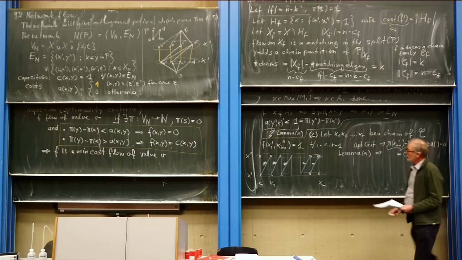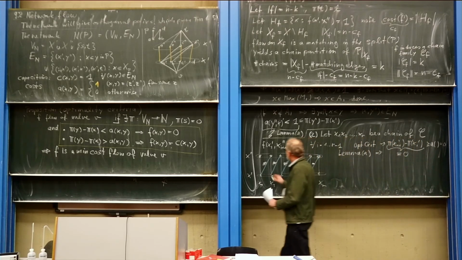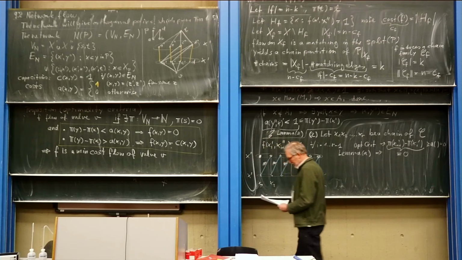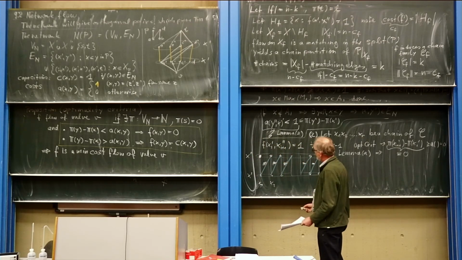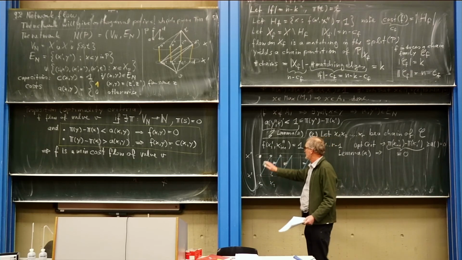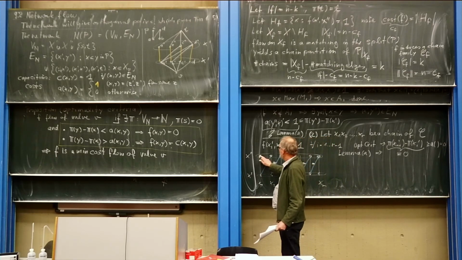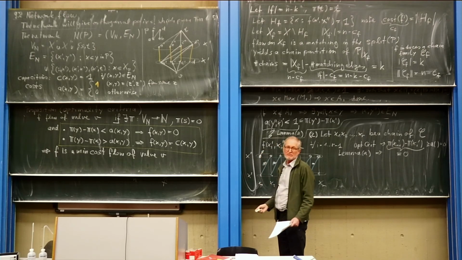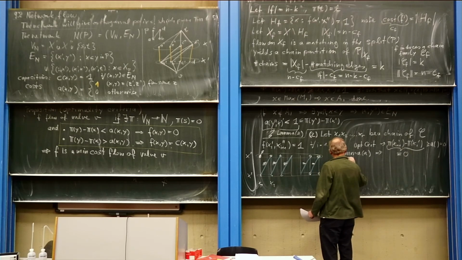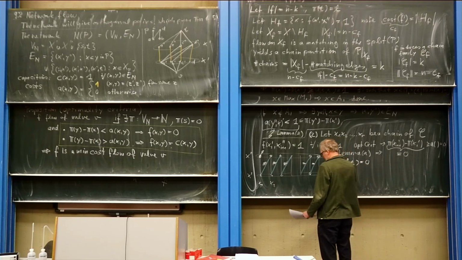And now we look at this guy, and we observe that by the construction of our matching, we know that there's no flow from here to t. So f of x1 double prime t is equal to 0.